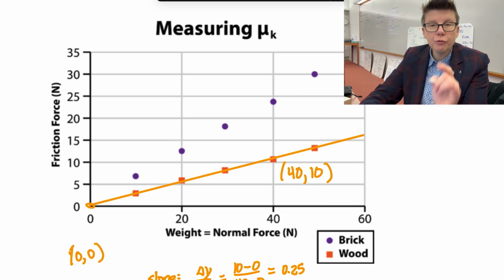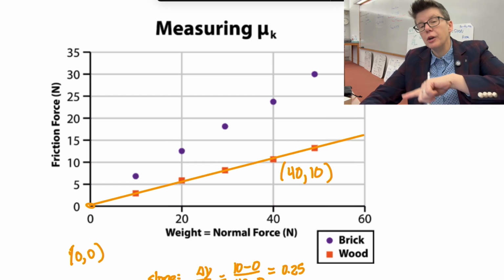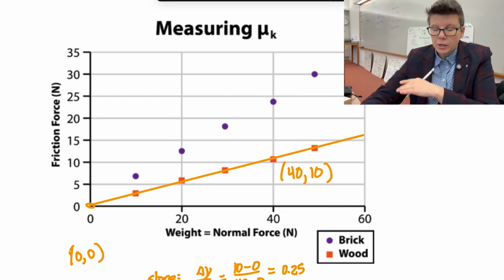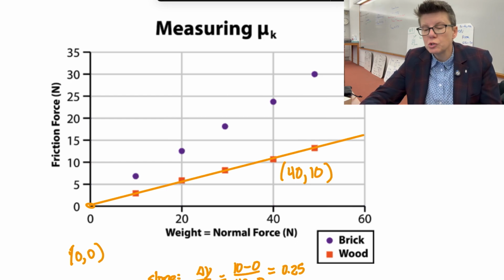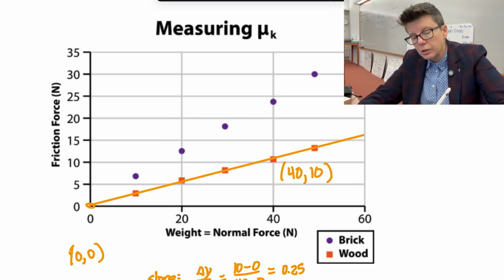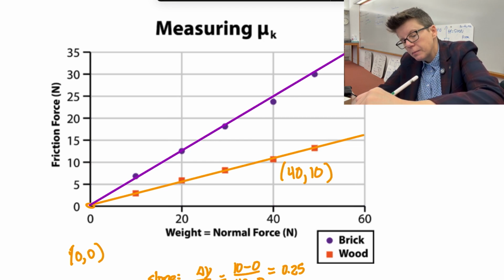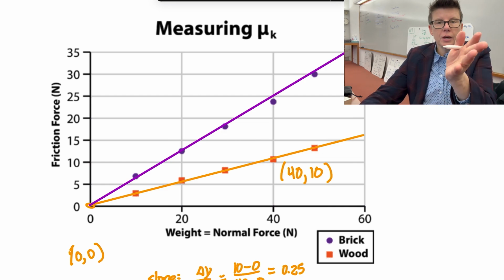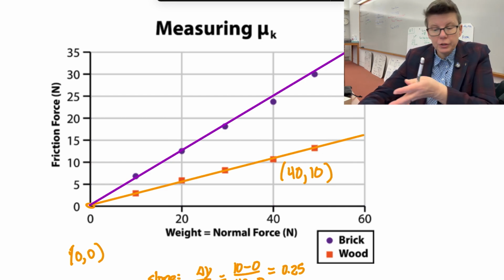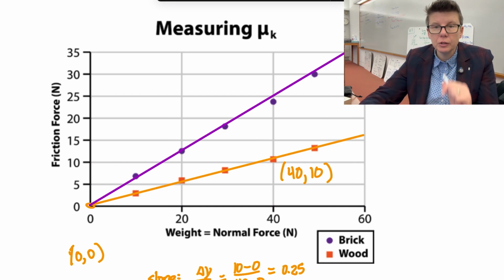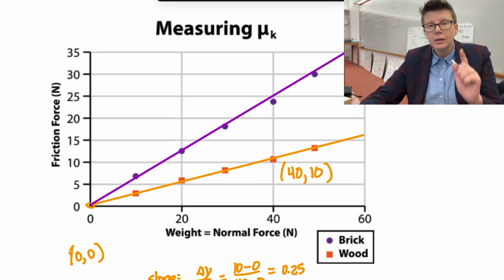And because that's a force in newtons divided by another force, also in newtons, this number has no units to it. That line has a slope of 0.25. The other line, through the purple dots, has a greater slope. I'll leave that as an exercise to you, to figure out what the slope of that purple line is. Definitely bigger than 0.25.